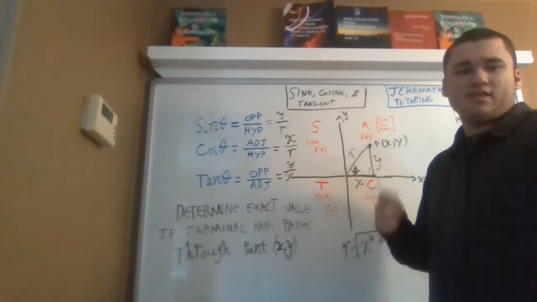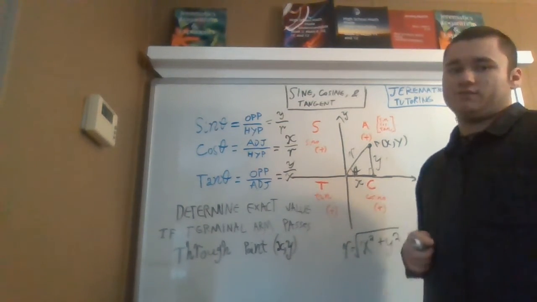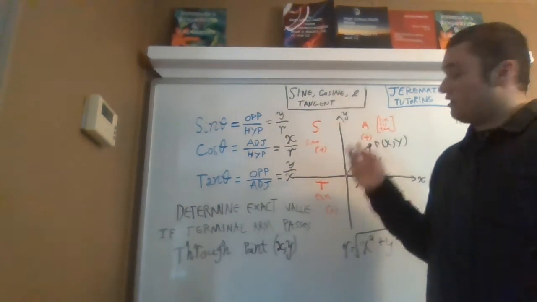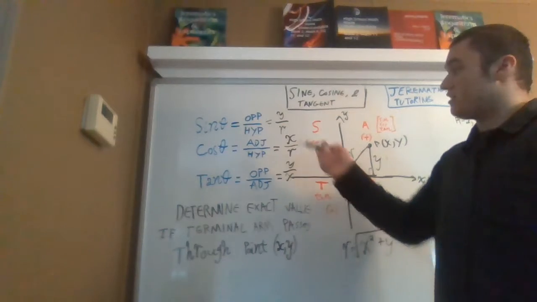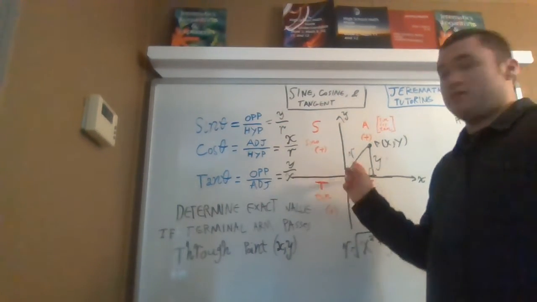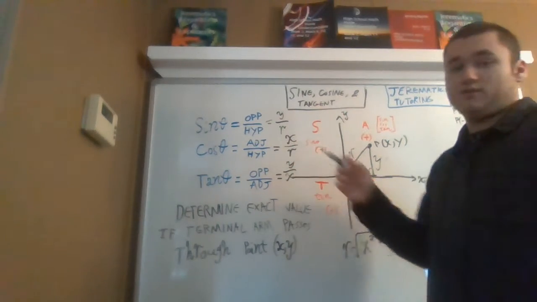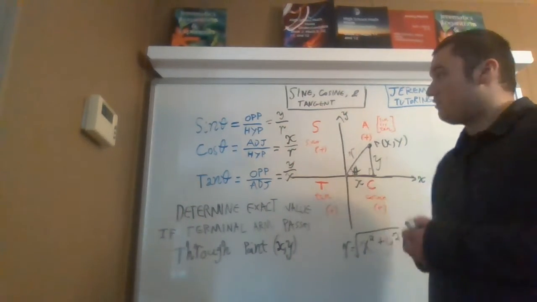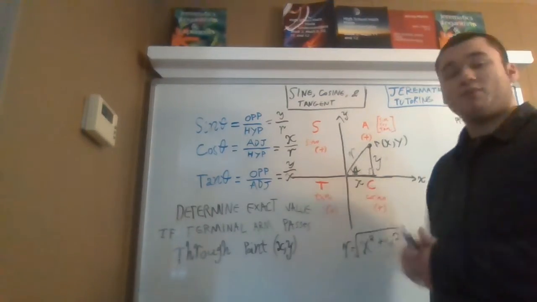So if we got any x's involved in our ratios, we'll get a negative. Sine does not depend on the x value, because sine is equal to y over r. Since our hypotenuse is positive and our y value is positive, we'll get a positive number, so sine is positive.